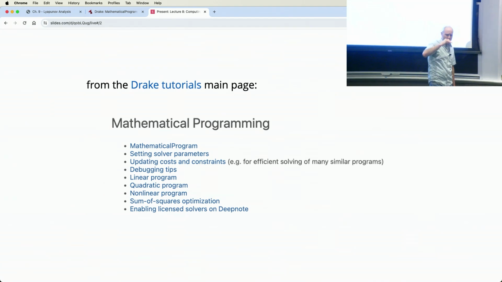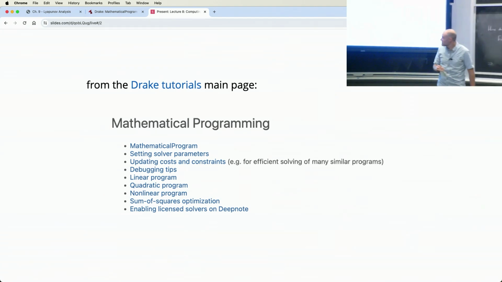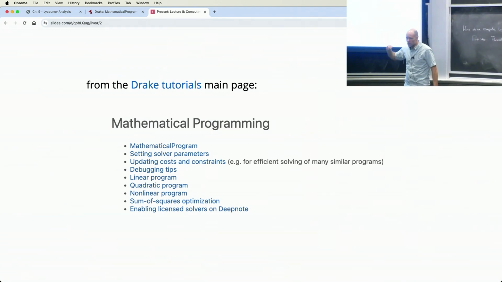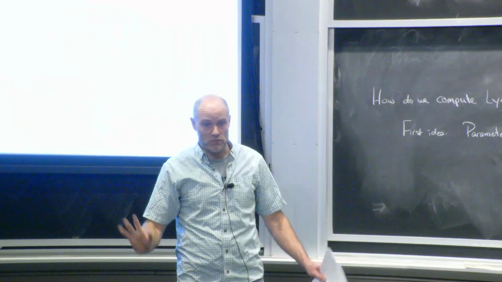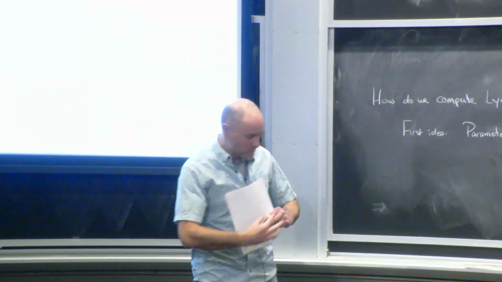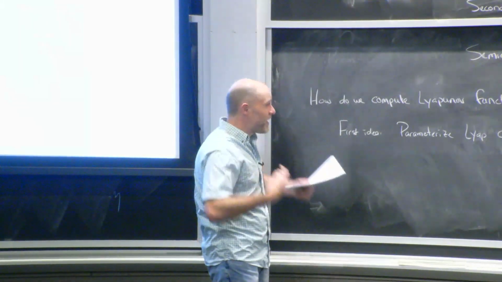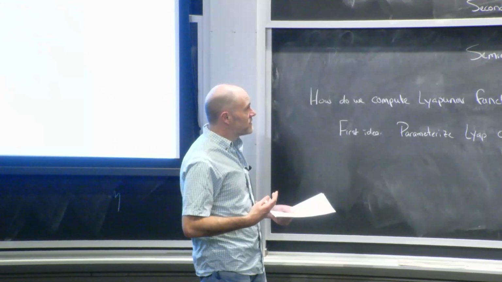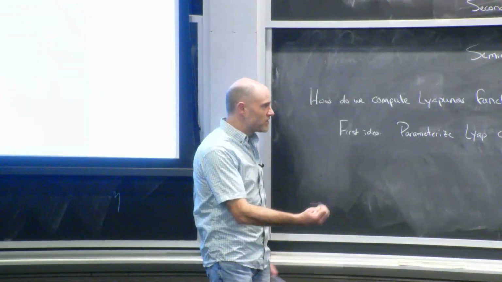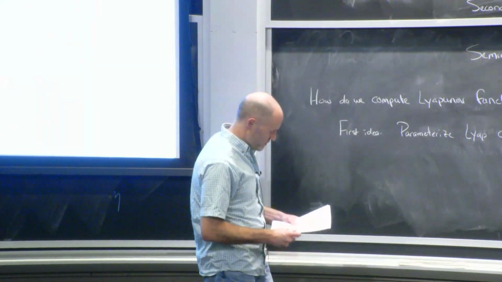So if you want more details about any of those structures and how to use them, that's one way to do it. And I can give you great references, and I put them in the notes. There's lots of good material online for convex optimization. We're going to be heavy users, but you can get by without understanding all the machinery if you understand the abstraction that these tools provide.